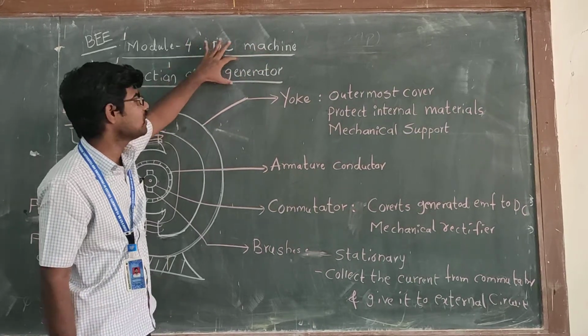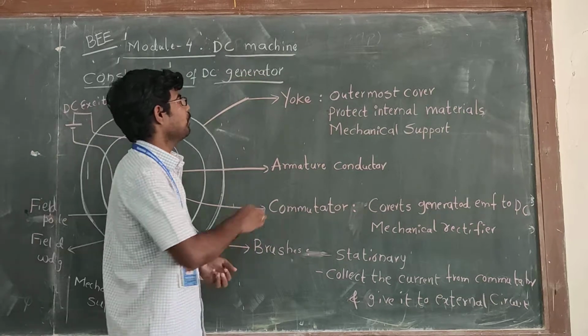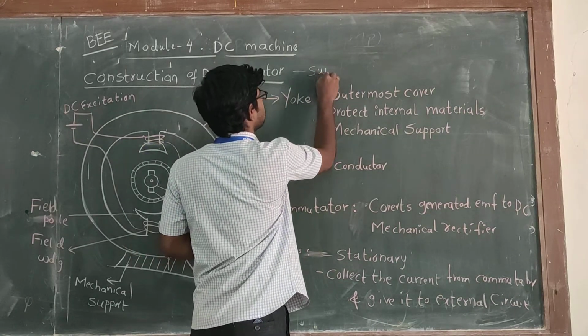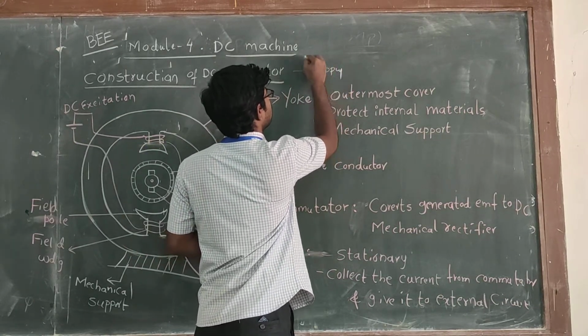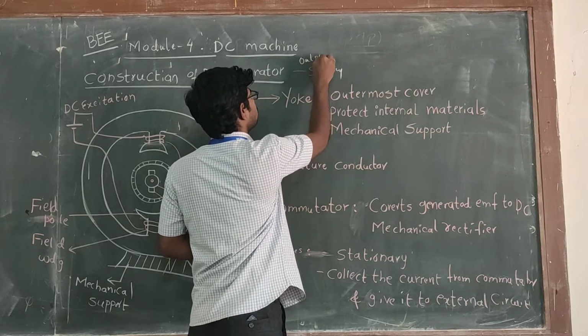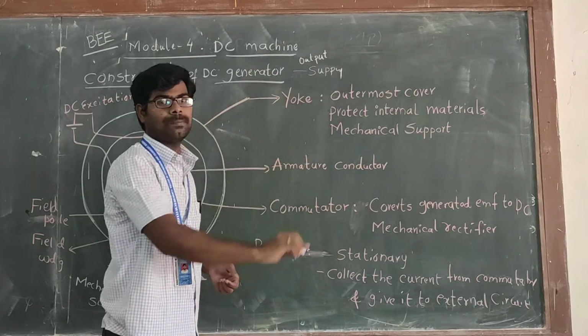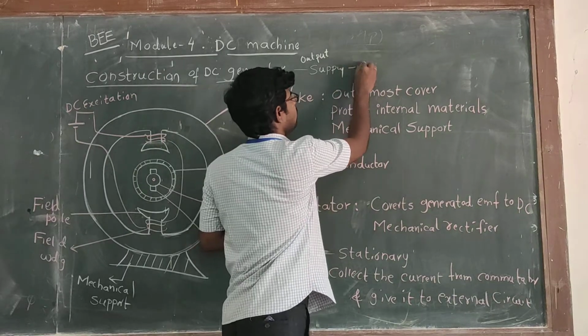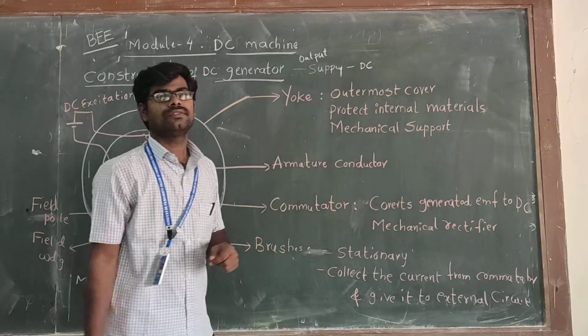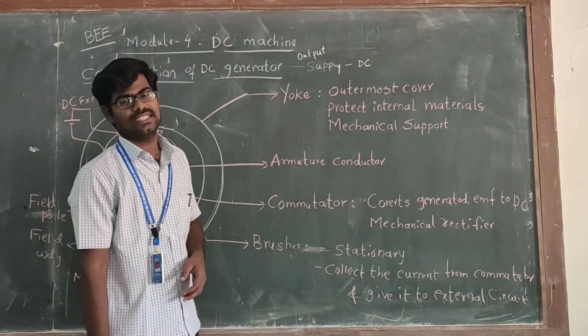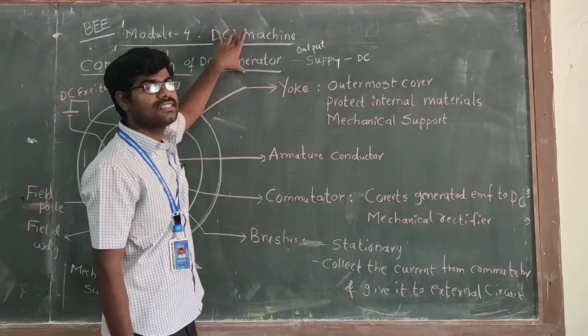What is the meaning of DC generator? Whatever output supply comes out here is DC in nature. That's why we call it a DC generator.